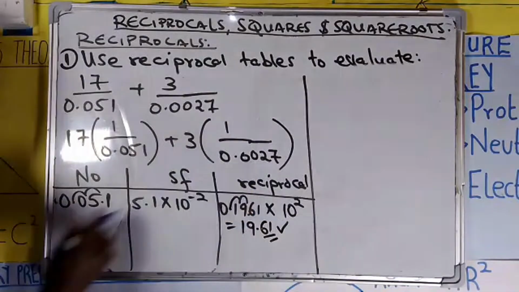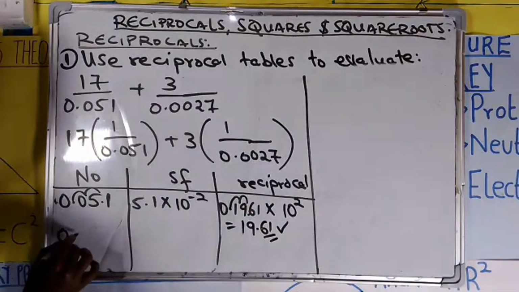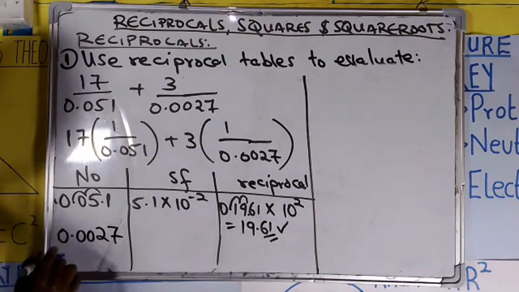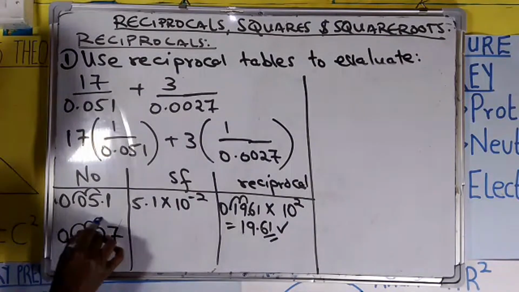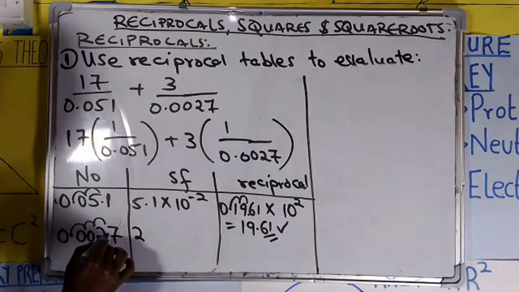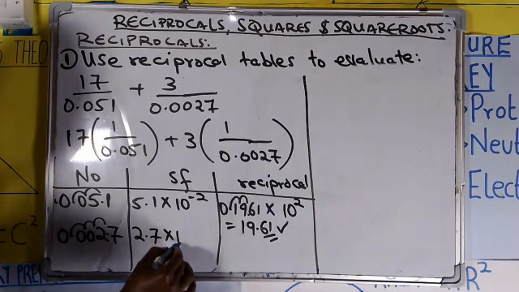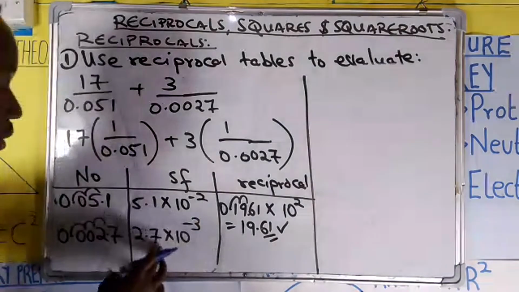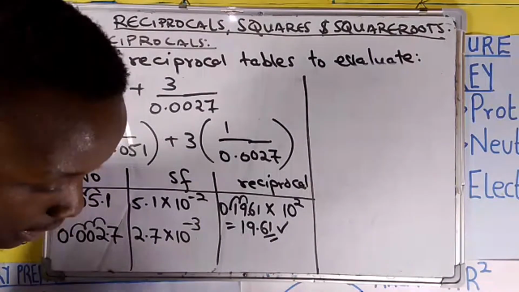Then we go to our second one, 0.0027. In standard form, it will be 2.7 times 10 to power negative 3. The reciprocal of 2.7 is 0.3704.